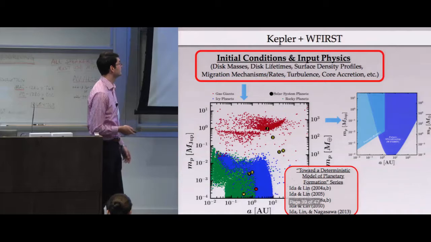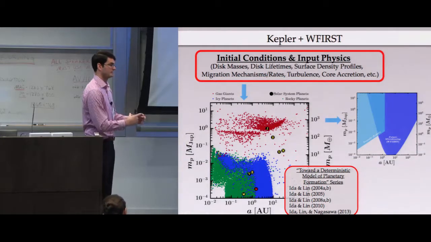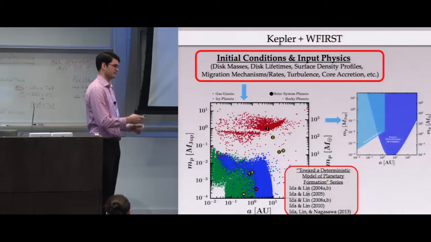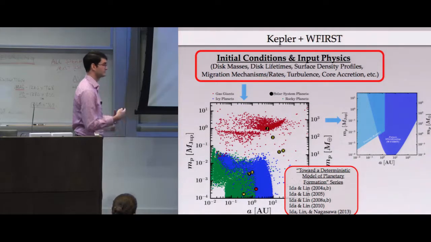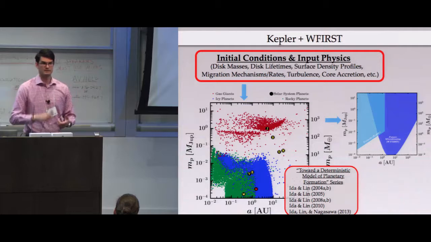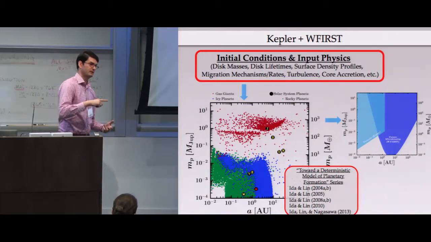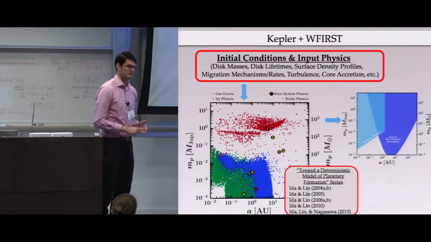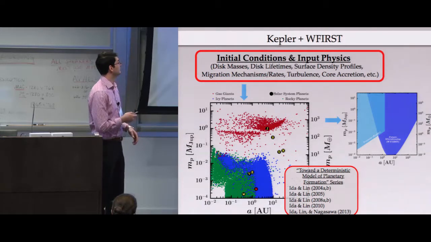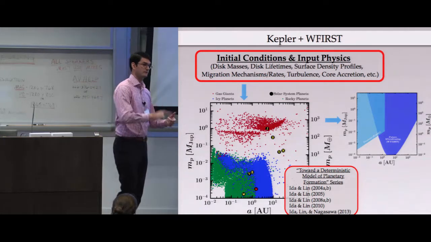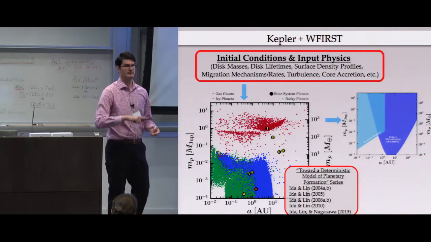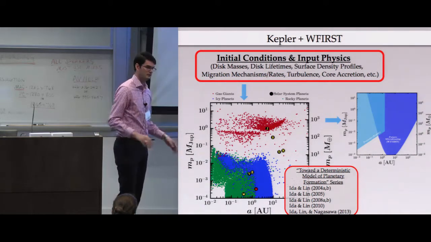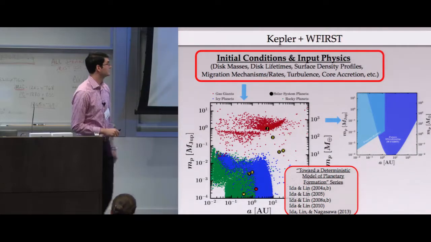And so what you would do is take some population synthesis model, and the inputs to this are some set of initial conditions and some set of input physics. For initial conditions, I'm referring to disk masses, disk lifetimes, surface density profiles, temperature profiles, you name it. And for input physics, there are migration mechanisms that you choose, some rates for those, sources of turbulence, core accretion rates, and again, a multitude of other things.